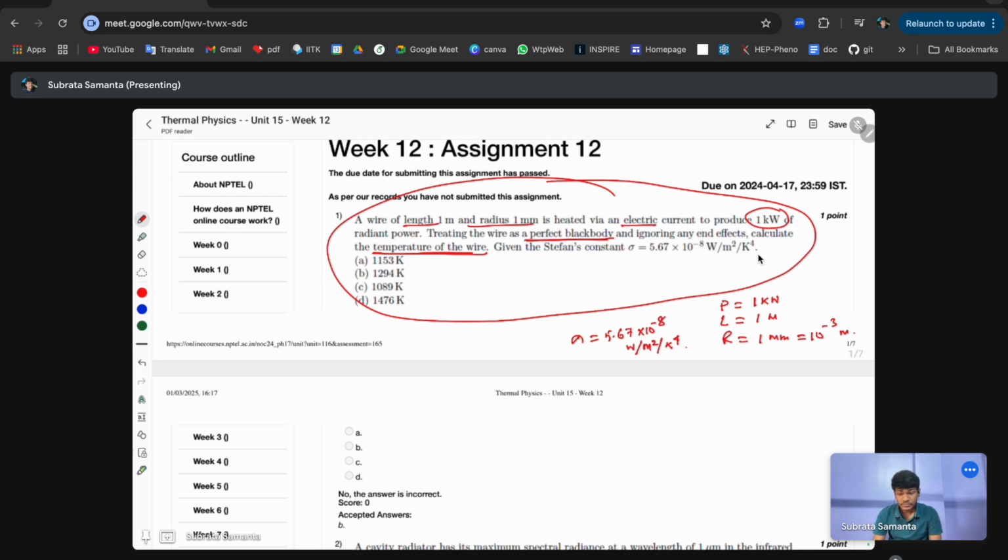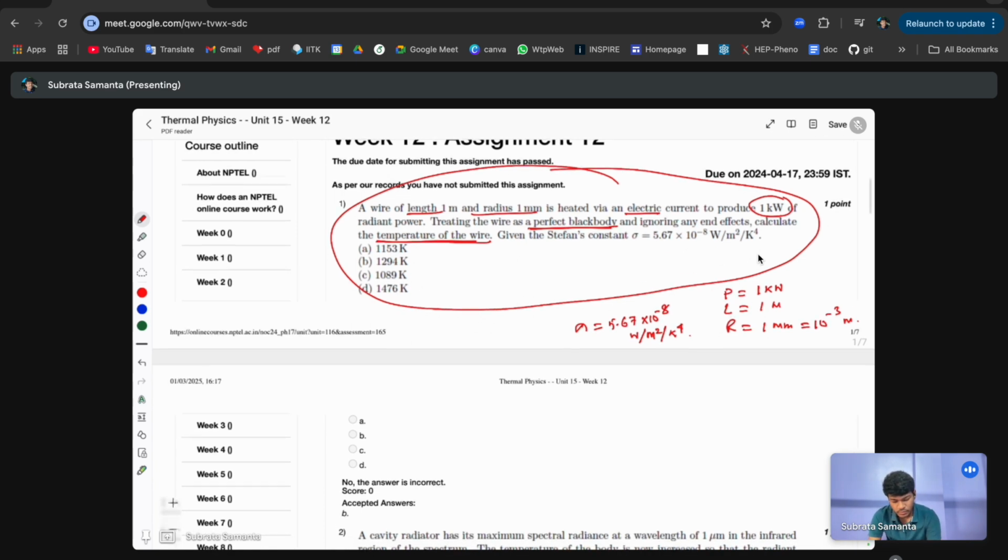For a perfect black body, the radiant power is equal to the electric power. So what is the formula for the power? It's very simple.